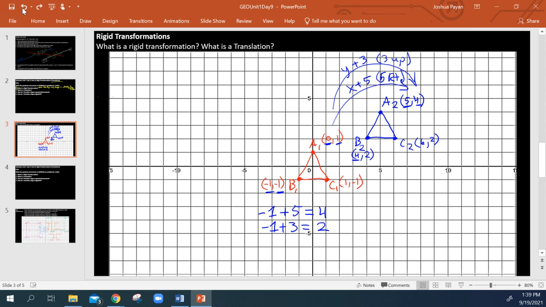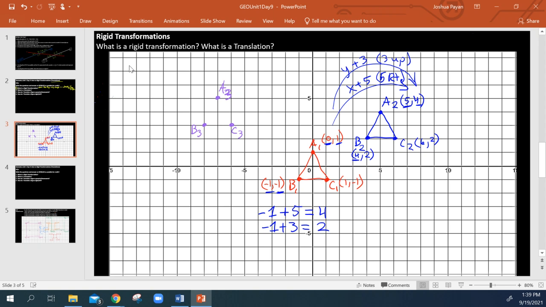So we see translations are pretty simple, right? So what if I wanted to move differently, right? So let's say from here, from A2, B2, C2, I moved over here. Right? We'll call this A3, B3, and C3.